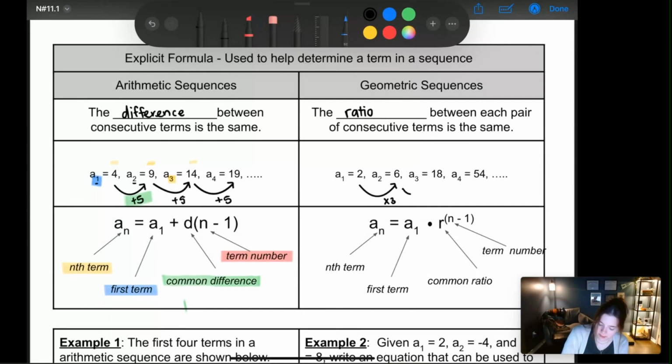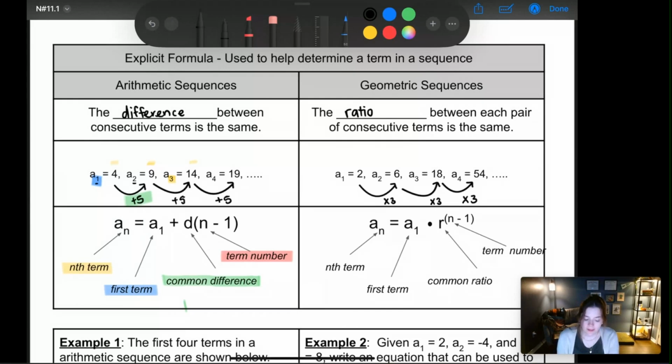Now if I do 6 times 3, will I get 18? Yep. If I go from 18 to 54, did I multiply by 3? Yep. So the ratio is the same each time. I'm multiplying by 3, but I can't add or subtract the same number to get it. Then we use the formula if it's a geometric sequence, a sequence where the ratio is the same, not the difference.